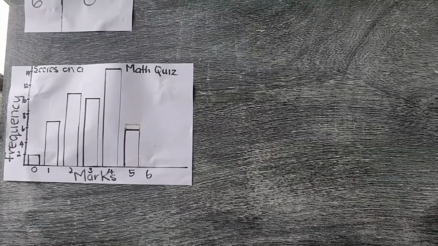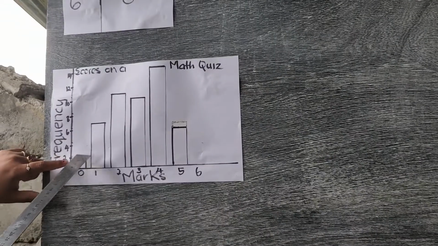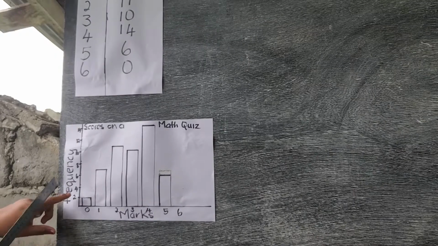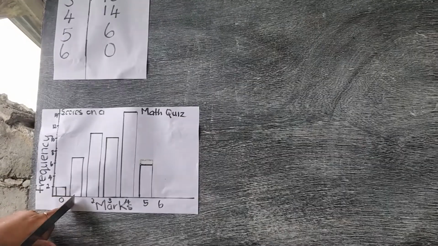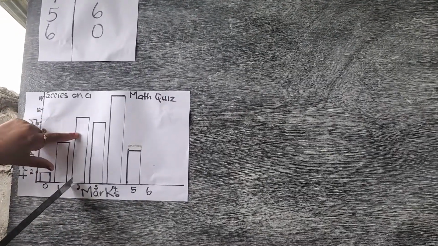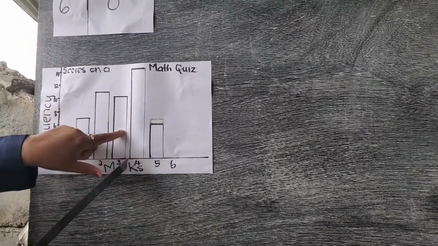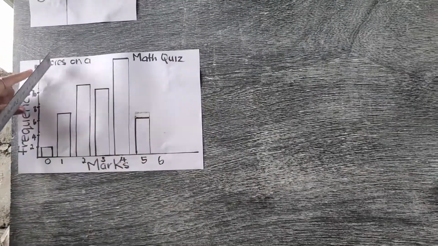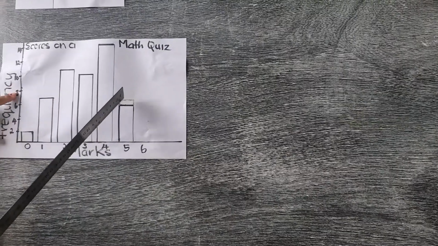So as you can see here, it says 2 students received 0 marks. 7 students received 1 mark. 11 students received 2 marks. 10 students received 3 marks. 14 students received 4 marks. 6 students received 5 marks.